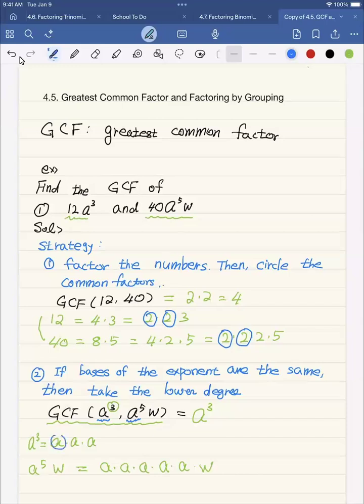Then we circle the same ones. Then obviously a cubed, the smaller degree one, will be the common factor, and that's the greatest common factor.